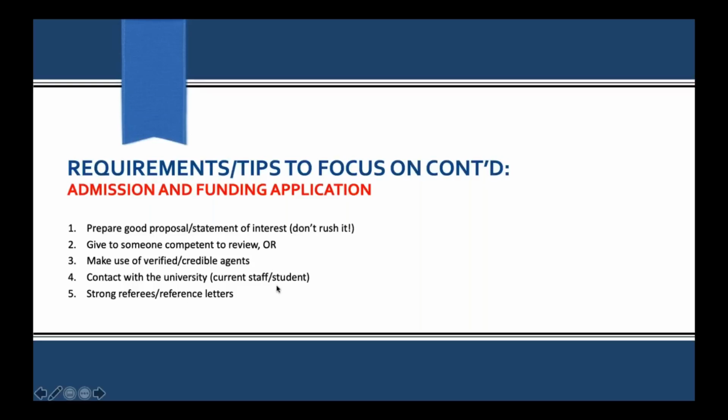But again, there are no hard and fast rules to these things, because they all depend on the opportunities you're applying for and what is applicable. So it really helps to have strong reference or referees to support your application.